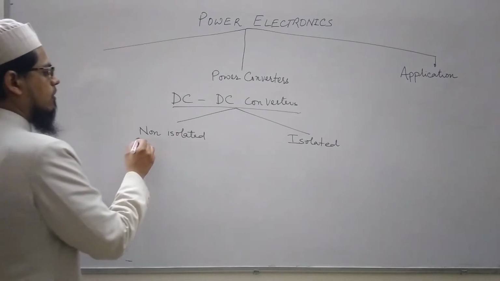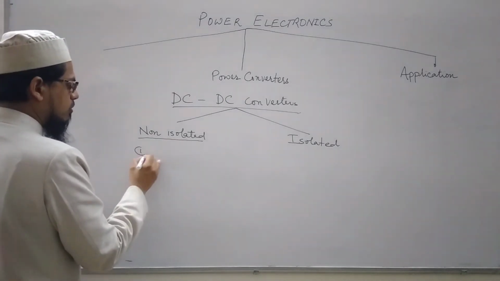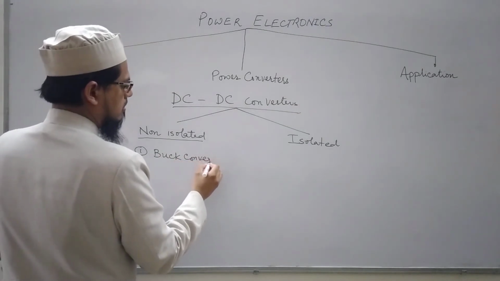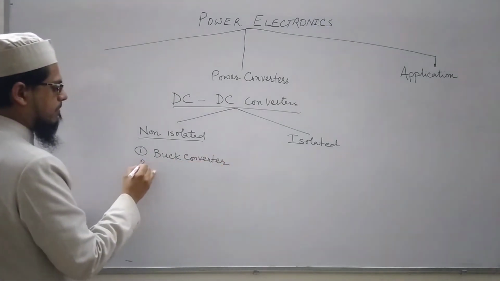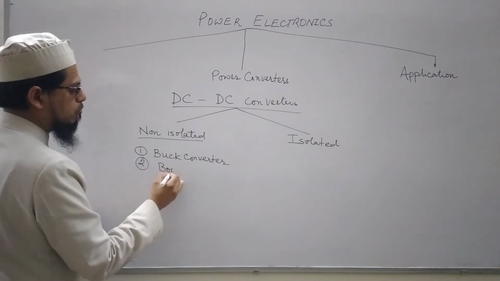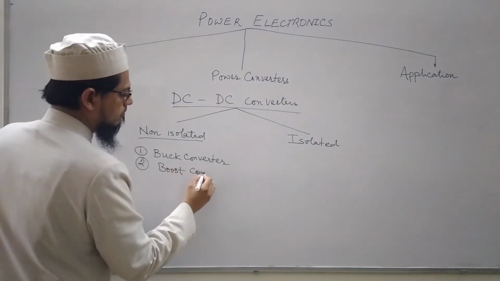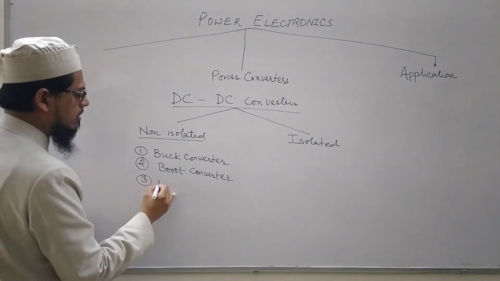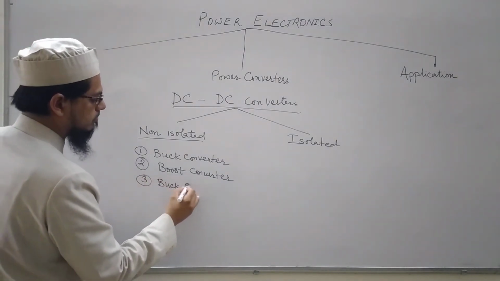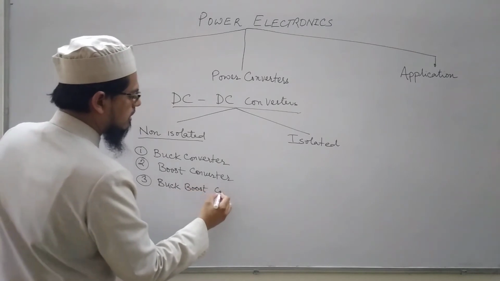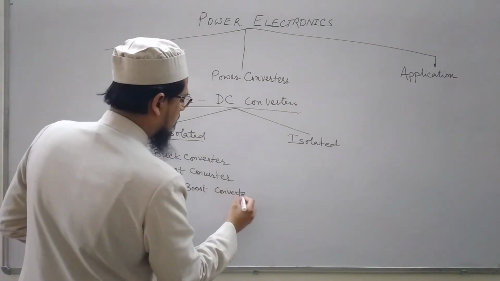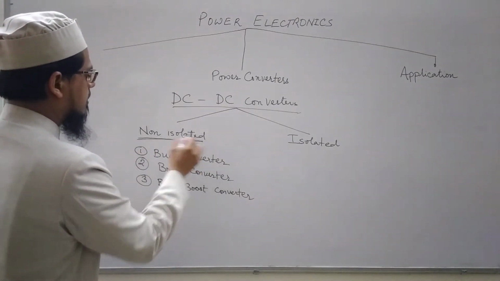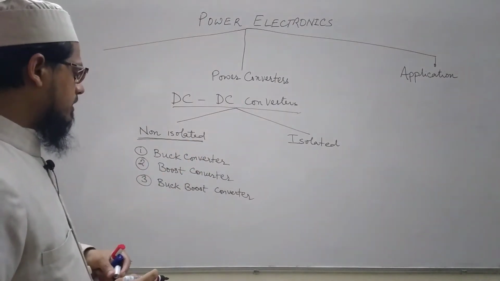The non-isolated DC to DC converters include the buck converter and the boost converter, and the third being your buck boost converter. These are the conventional converters which come under the category of non-isolated converters.